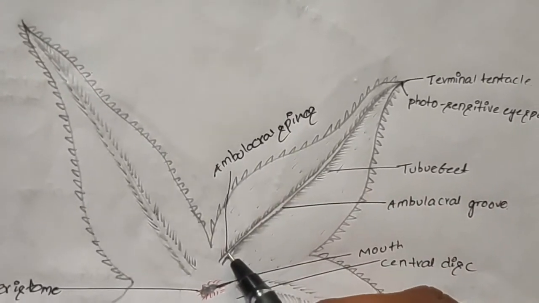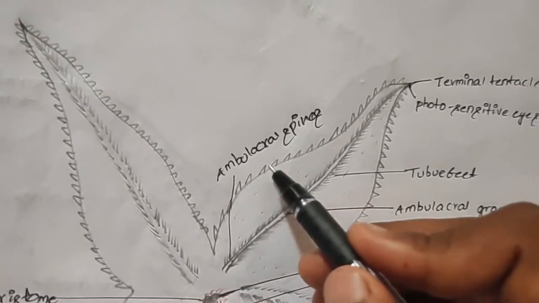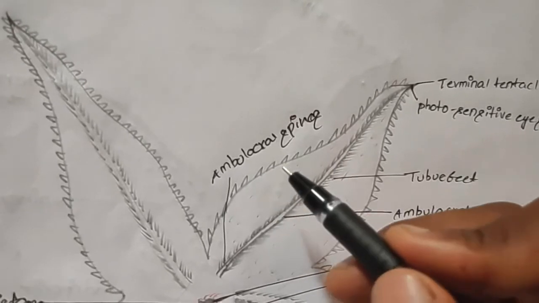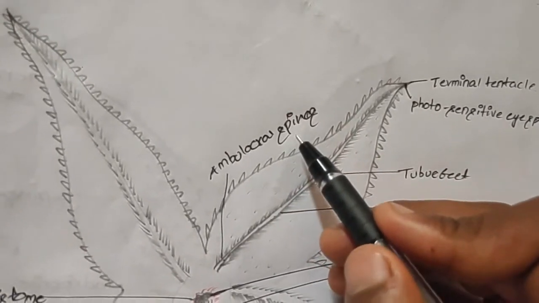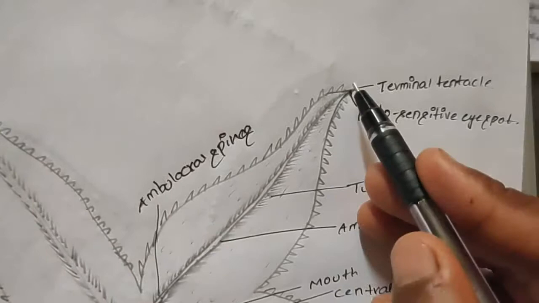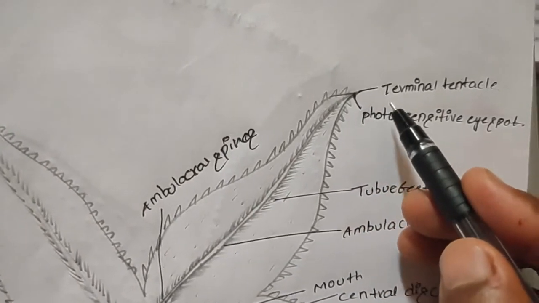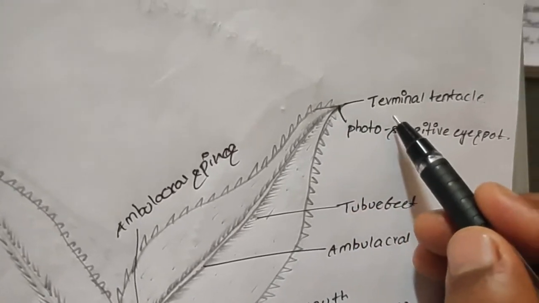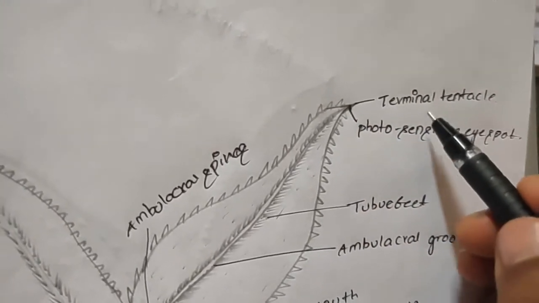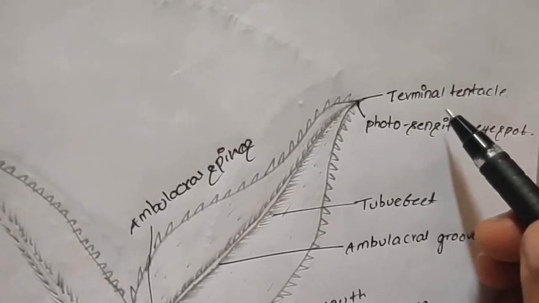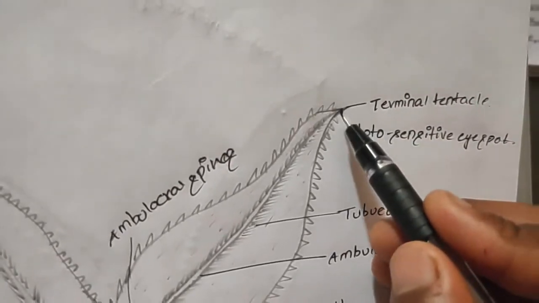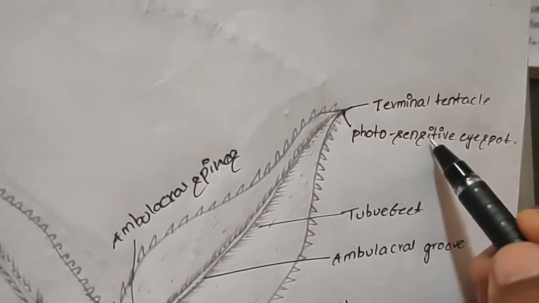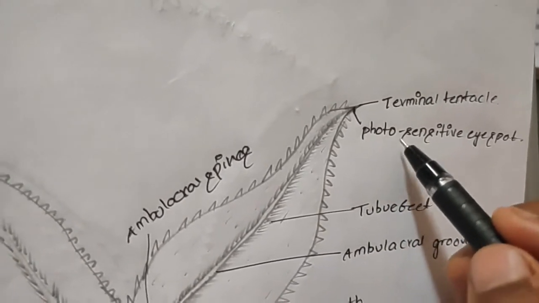We cannot draw the diagram of spines. These ambulacral spines are made up of calcium, and they are movable and help in the defensive function. And the tip of each arm bears a small median non-reticulate projecting terminal tentacle, and this terminal tentacle is a tactile or olfactory organ, and at the base of the terminal tentacle is present a photosensitive eye spot, which is bright red in color.